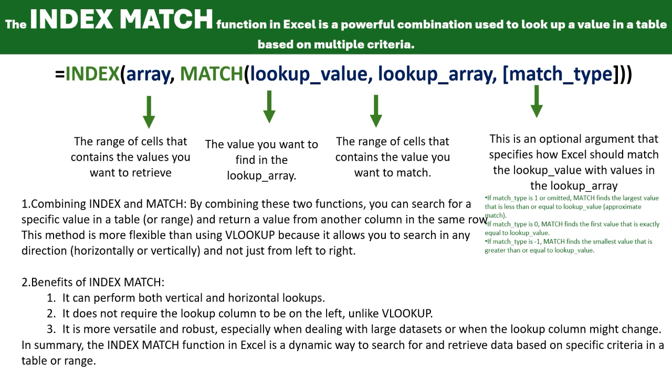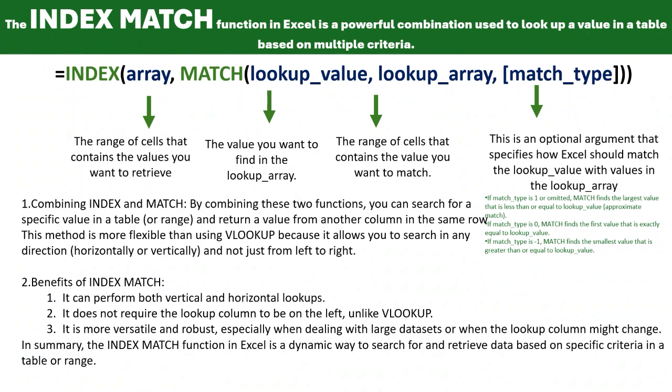By combining the INDEX and MATCH functions, you can search for a specific value in a table or range and return a value from another column in the same row. This method is more flexible than VLOOKUP because it allows you to search in any direction, horizontally or vertically, and not just from left to right. Benefits of INDEX and MATCH: it can perform both vertical and horizontal lookups.